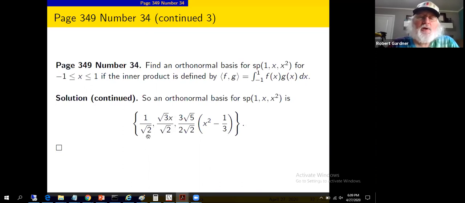And these are also unit vectors. That is, Q1 through Q3 is an orthonormal basis for that vector space, the span of 1, x, and x squared, with respect to this inner product. The inner product induces a norm. These are indeed unit vectors. So that ought to be a nice healthy dose of the Gram-Schmidt process.